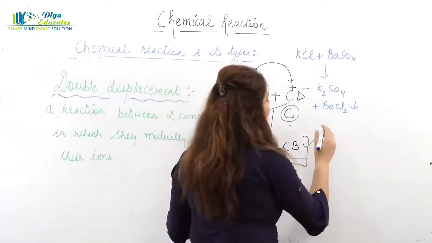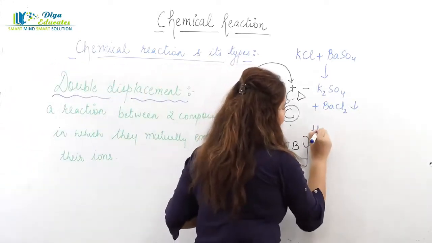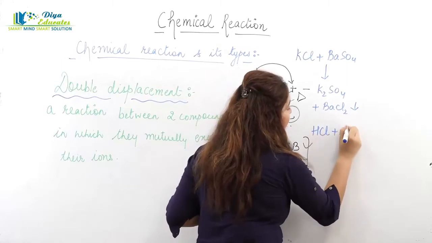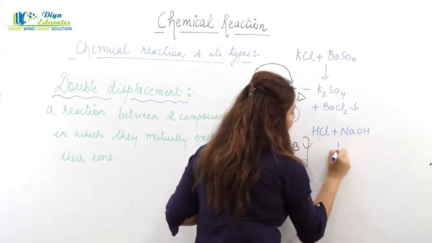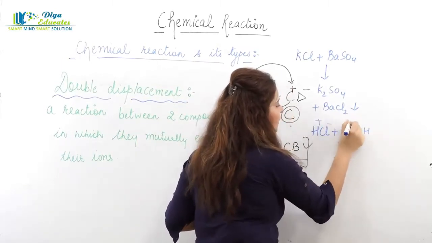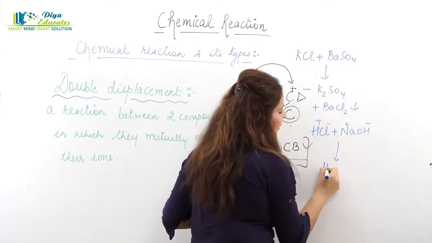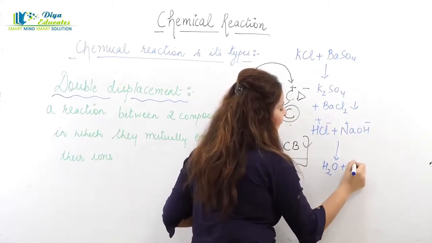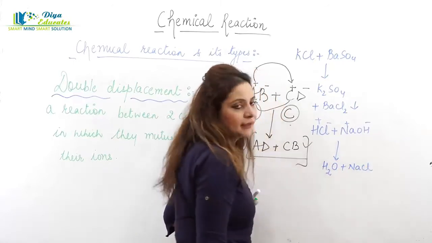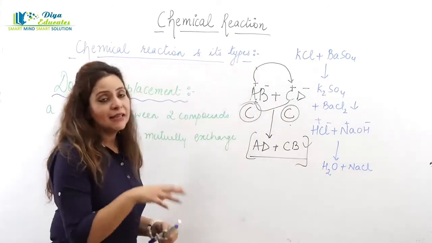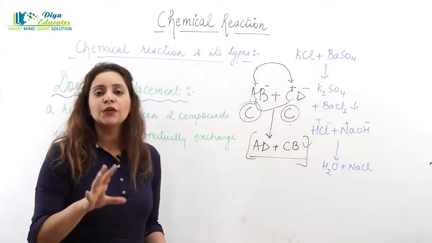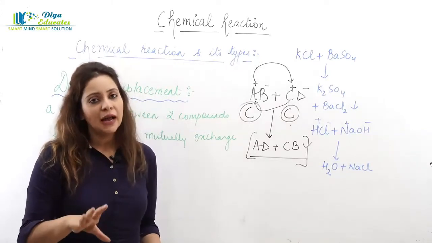Likewise, if you react, let's say, HCl with NaOH, again in this reaction this is positive, this is negative, so they are going to exchange their place, and as a result we'll get H2O and NaCl. So you have seen that in this reaction two compounds are involved which are mutually exchanging their ions.